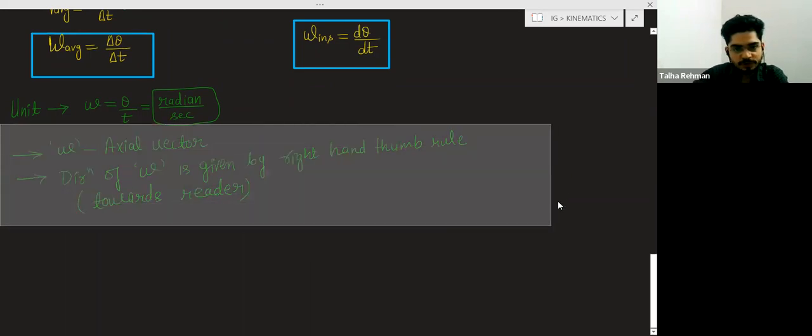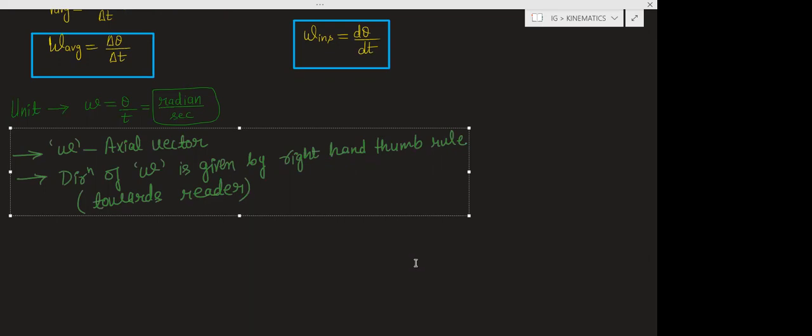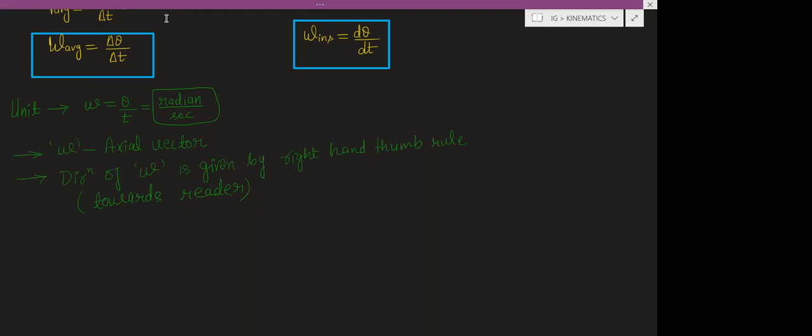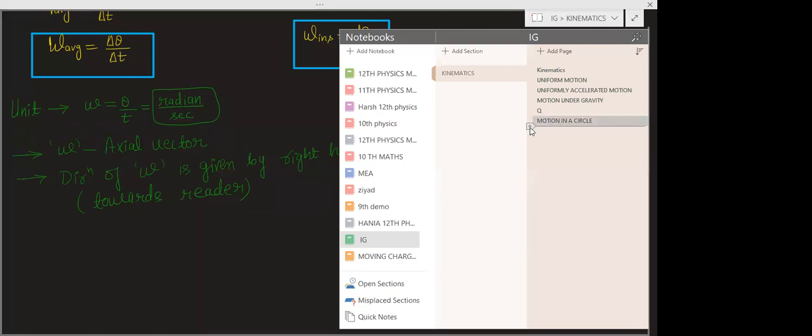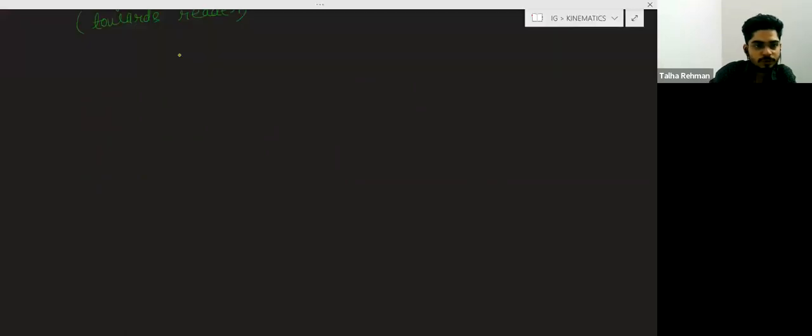Now note down these 2 points also. So basically what I have told you: average angular velocity will be given by delta theta by delta t, and instantaneous omega is given by d theta by dt.